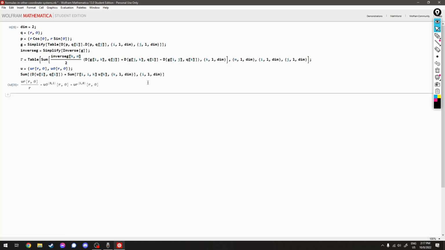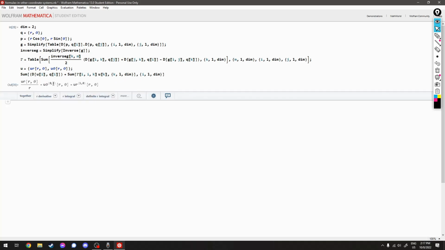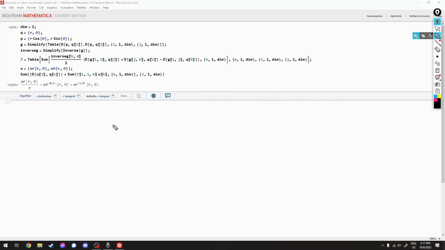And if we run this code, it gives us, well, it's not clear what these 0 1s and 1 0 means, but in Mathematica language, f^(1,0) is equal to the derivative with respect to the first argument of f. Okay, so our first argument in this case is r. So what this basically reads is u^r over r plus d theta u^theta plus dr u^r.